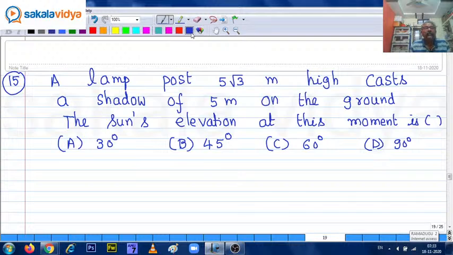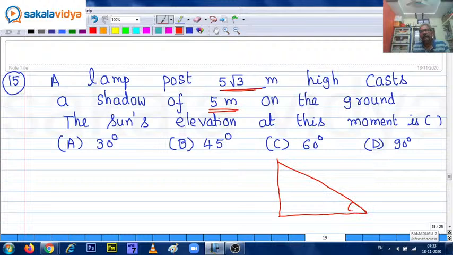So now the lamp post height is 5 root 3 meters, length of the shadow 5. So this is the lamp post, this is the shadow. So angle of elevation, say theta. This is 5 root 3, this will be 5. Apply tan theta.